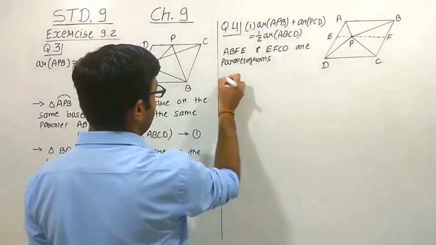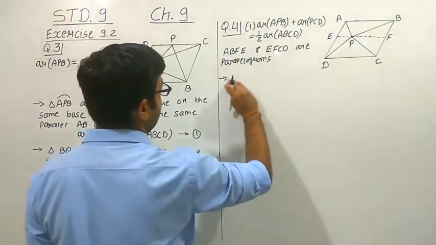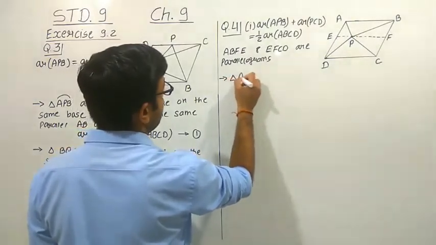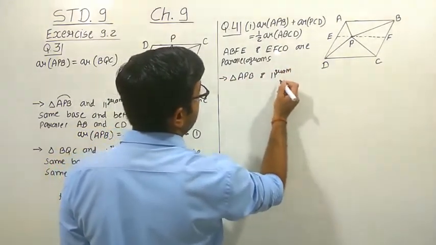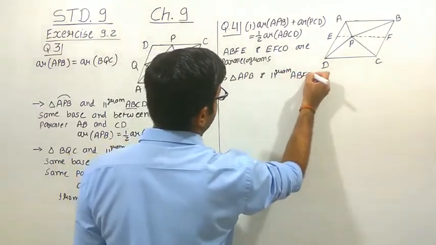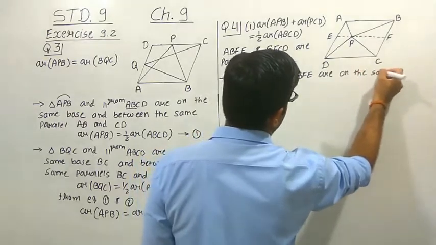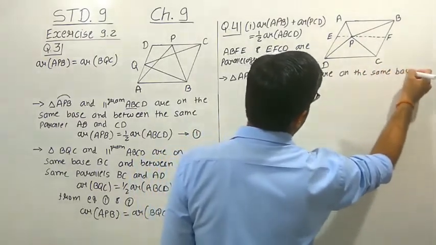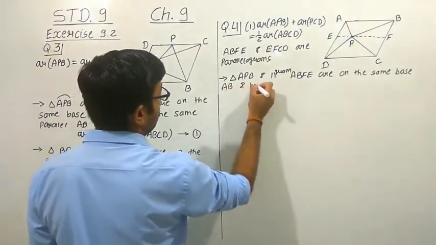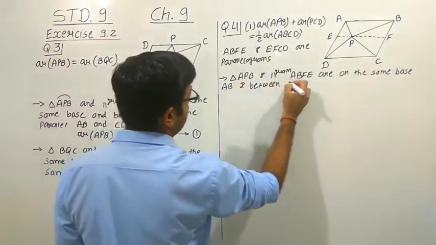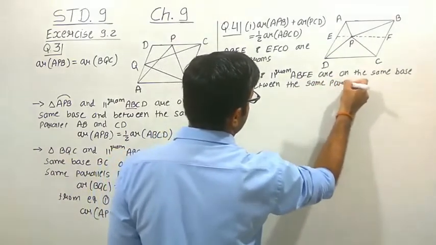So here we can write down that triangle APB and parallelogram ABFE are on the same base AB, and between the same parallels.